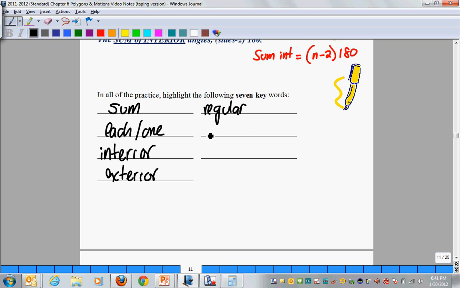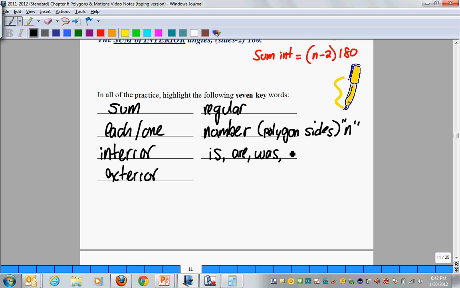You have to look out for the number, the actual polygon sides, in other words, your n. And the last one you want to watch out for is: are, was, and were, because that is an equal sign. We're going to do a couple problems together, and you are done.